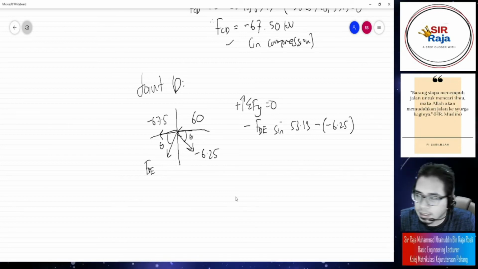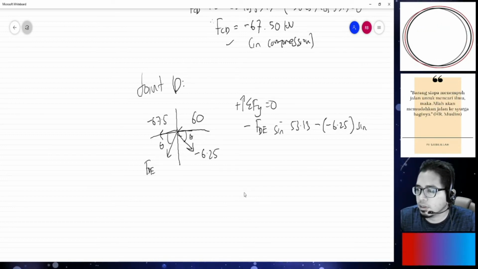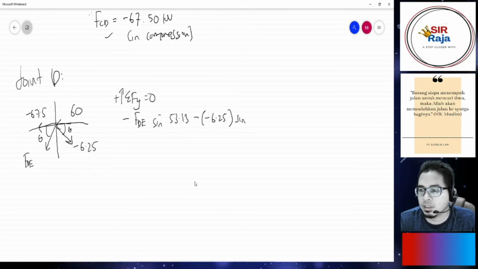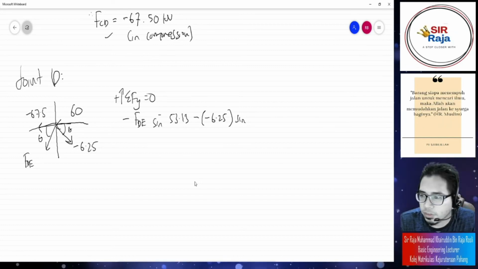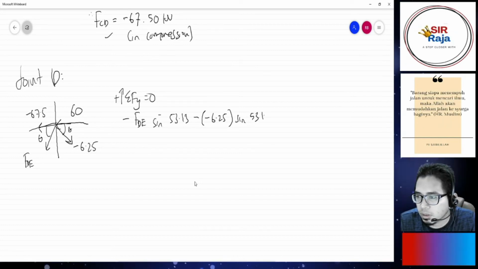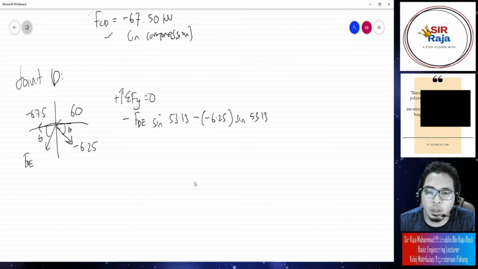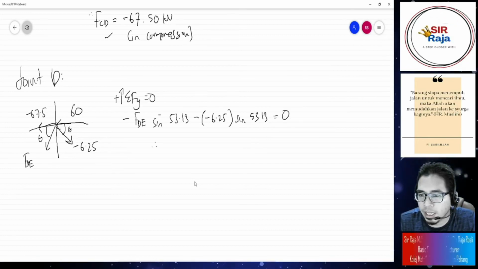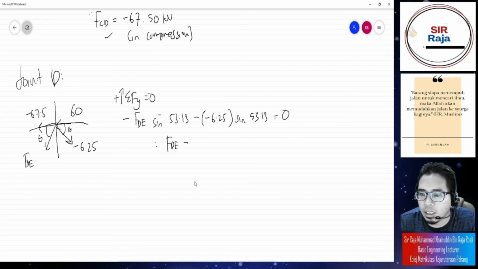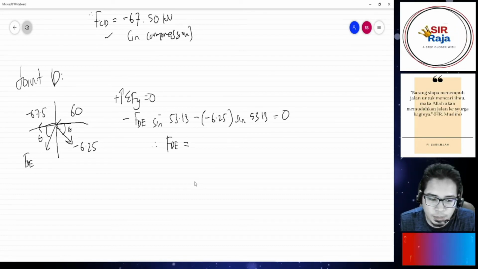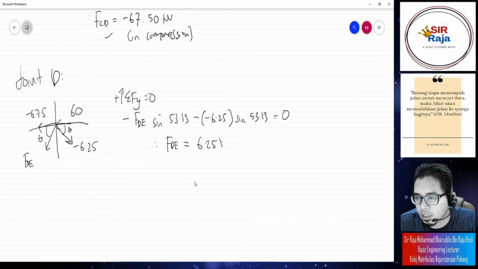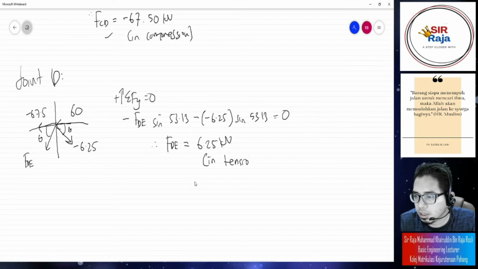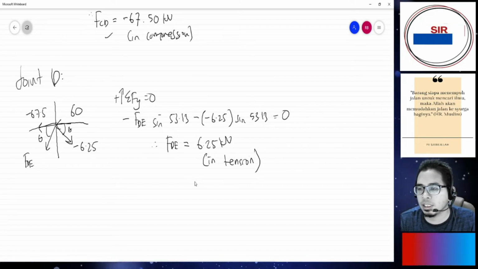Sine, don't forget the angle, 53.13. Do we have any y component? No. So this is equal to 0. So you're going to get FDE equal to 6.25 kilonewton. This one is in tension. So now we have FDE 6.25.